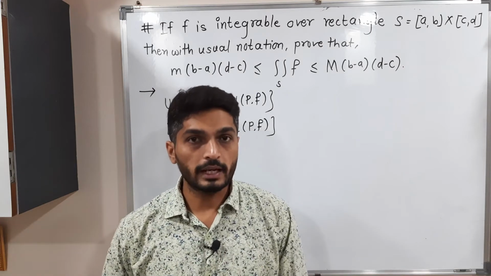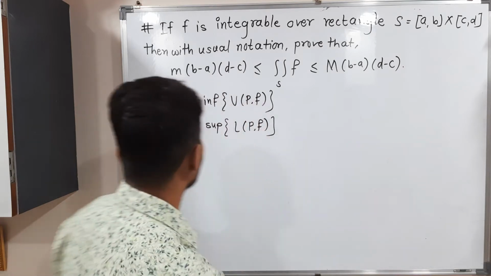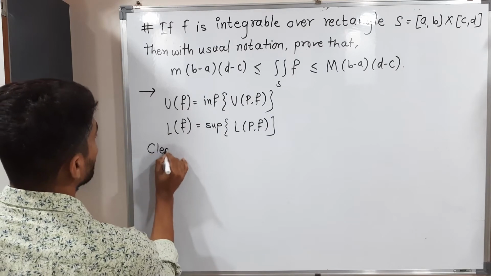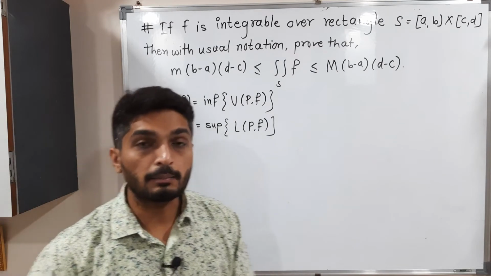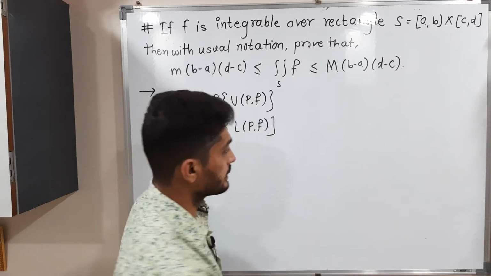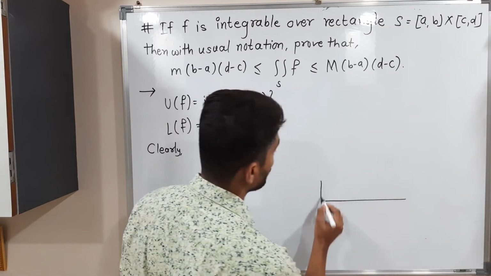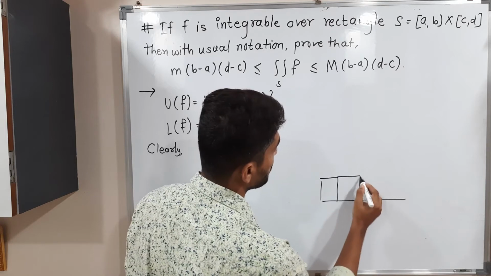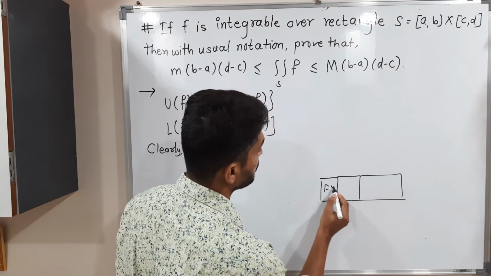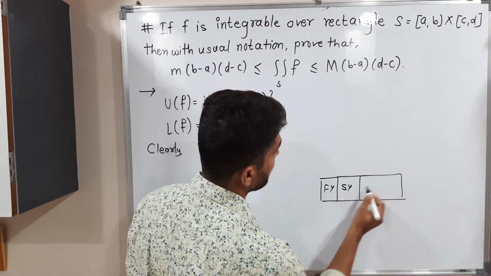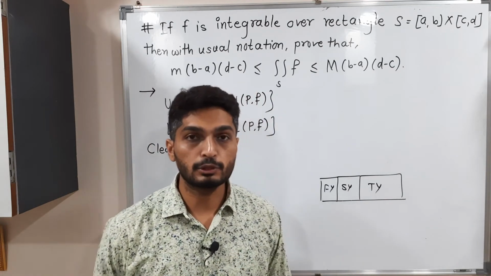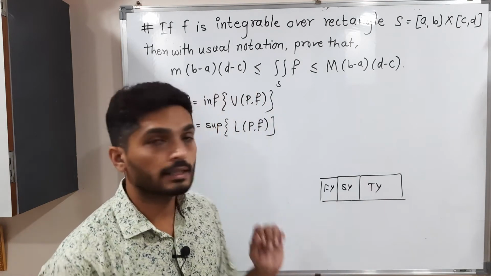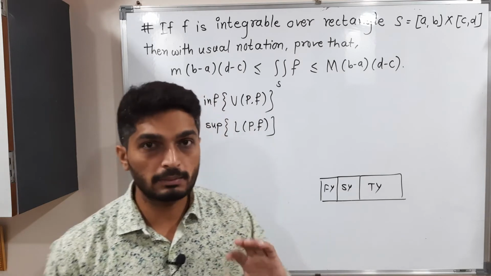Okay, so after that we can clearly write the relation. One example I had given you earlier, I'm talking about a simple concept. Suppose you consider science, here FY first year, here second year, and here third year students. If the result of any examination is declared, in each class you can find maximum marks and minimum marks.